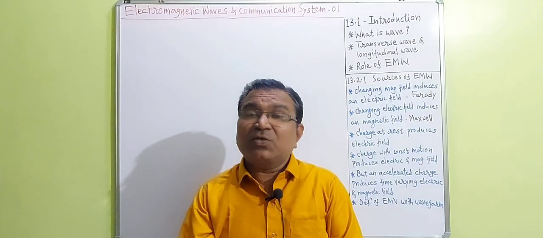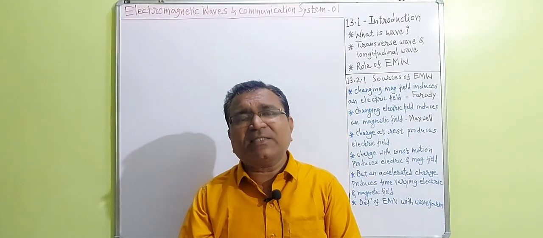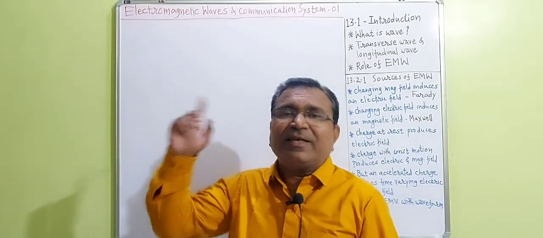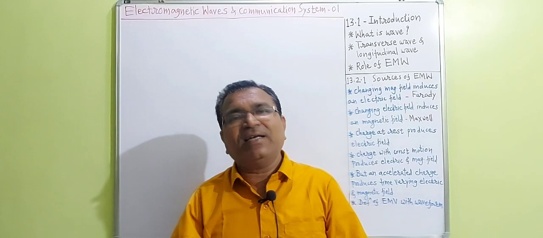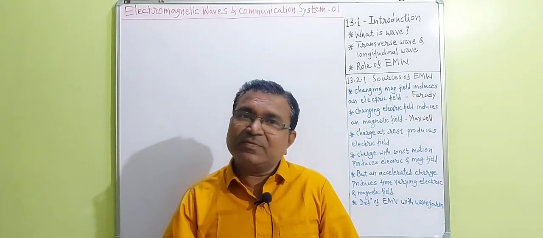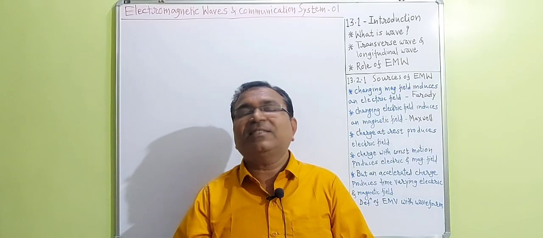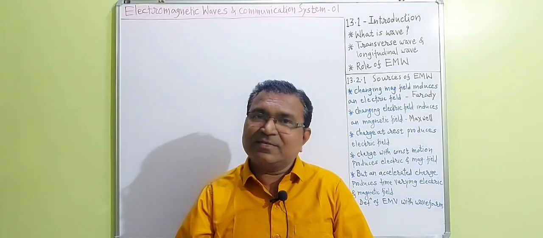Today we are going to discuss a chapter of 11 science, that is electromagnetic waves and communication system. As far as this chapter is concerned, this is lecture number 1.